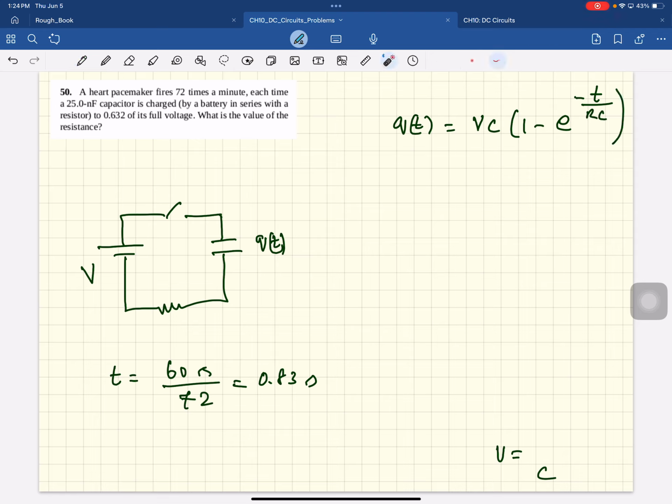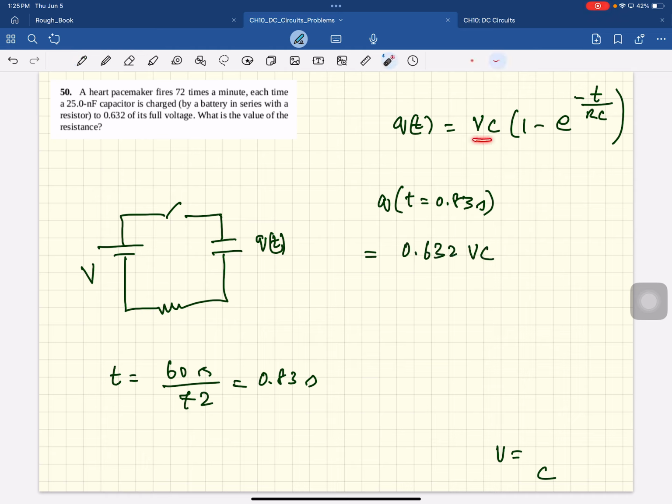Okay, so what they're saying is, this thing is charging, firing 72 times a minute. So it fires when it's not fully charged, it's charged 0.632 times its full charge. So at this time, 0.83 seconds, this charge is 0.632 times full charge.